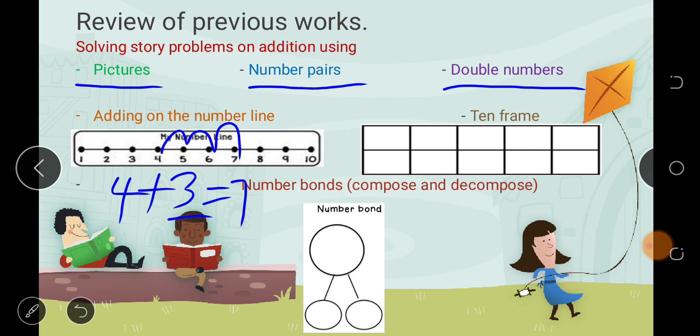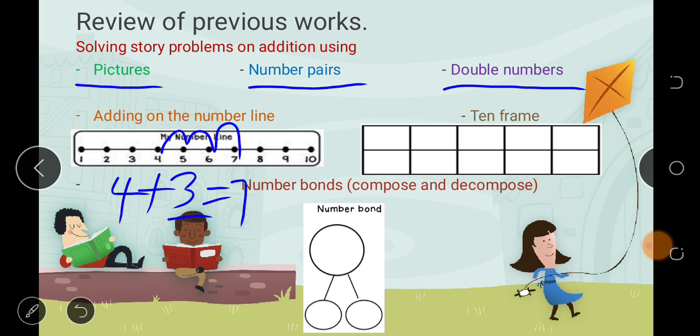The 10 frame helps us to subitize, to develop our number sense, our ability to know how many something is without counting. And you were able to use the 10 frame to add numbers.